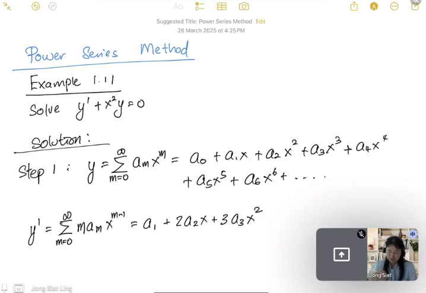This means that every time you substitute the value, when m equal to 0, what will you get? When m equal to 1, you will get 1a1 x power of 1 minus 1, you will get a1 x power of 0. That is why you will get 2a2 x power of 0. Then when m equal to 3, that will be 3a3 multiplied with x power of 3 minus 1, you will get 3a3 x power of 2.